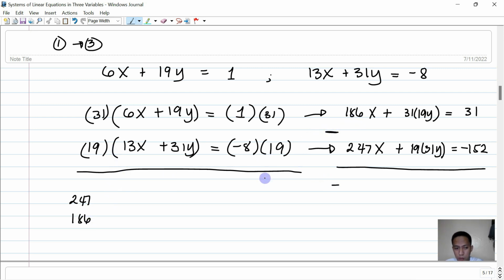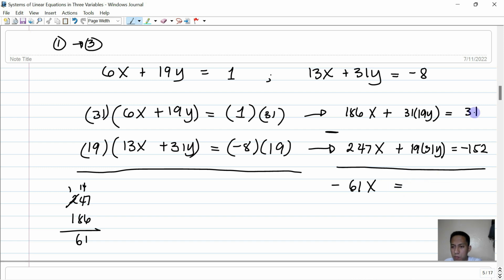So 7 minus 6 is 1, and 14 minus 8 is 6. So this is negative 61x. And 31 times 19y minus 19 times 31y, those are the same, so sinubtract natin, 0. Eliminated. So that's the goal of elimination.